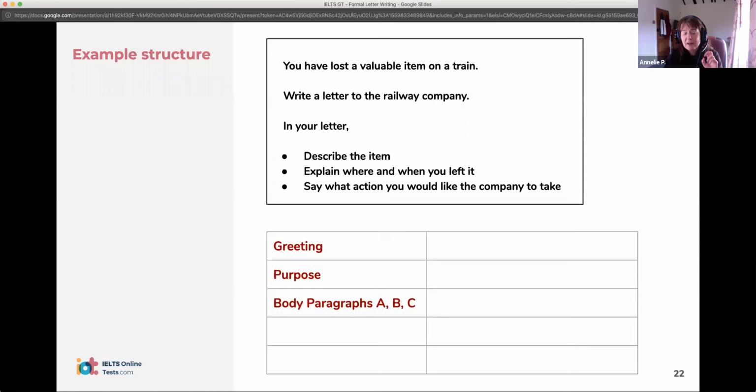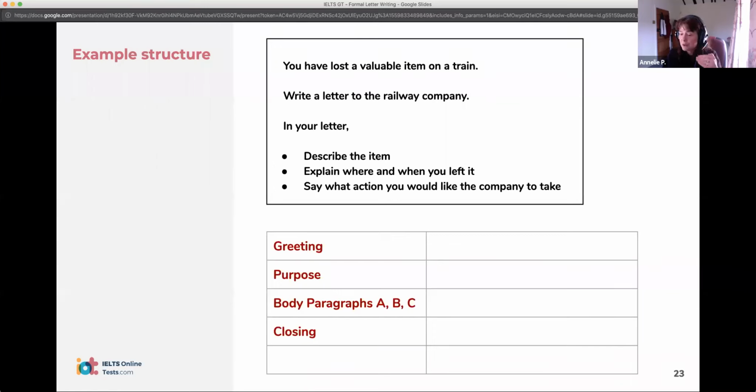Then we want to have some kind of closing statement. These are quite conventional phrases that we use. The purpose, we'll look at this in a minute, Indrasena, would be, for example, to complain, to invite, to apologize, to ask for some information, to give some information.